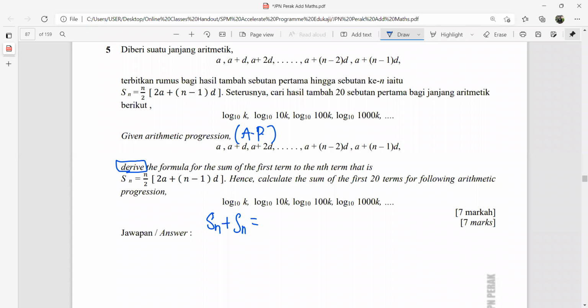So this is the Sn given. And then after that, Sn equals to, you reverse them, how to write. This method is very simple. You just reverse. You write in a different way.